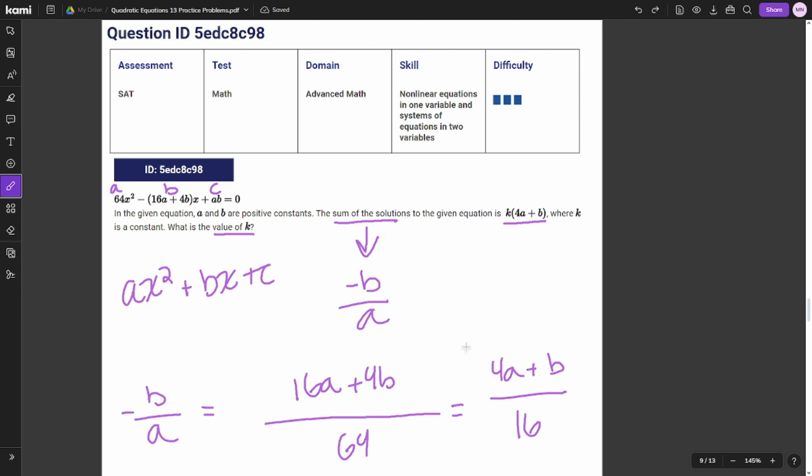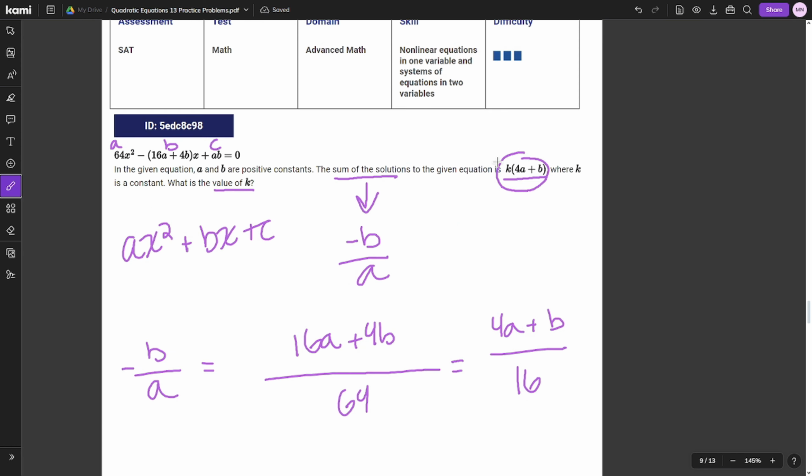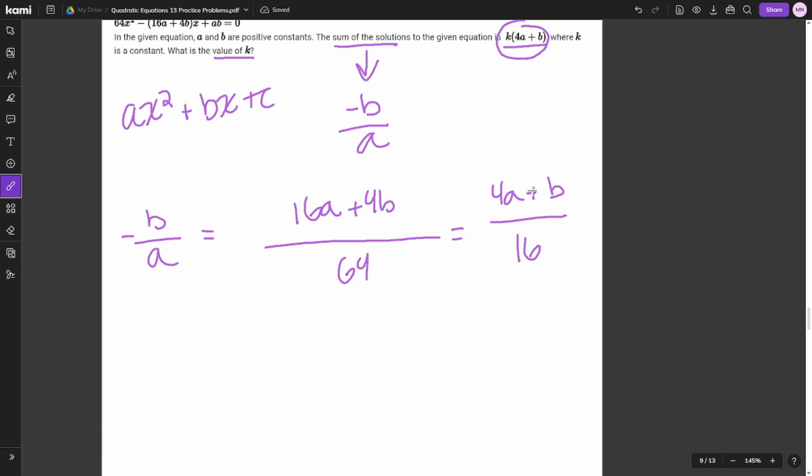Now it's also given to us that the sum of the solutions is equal to k times 4a plus b. So we know that this fraction that we just got, 4a plus b divided by 16, is equal to k times 4a plus b. Now we're going to be asking ourselves, what is 4a plus b being multiplied by?